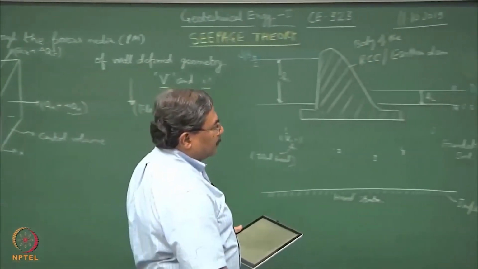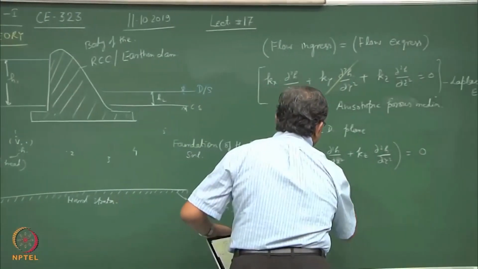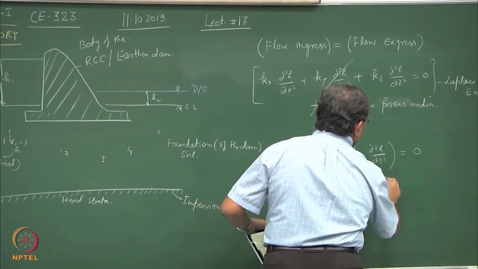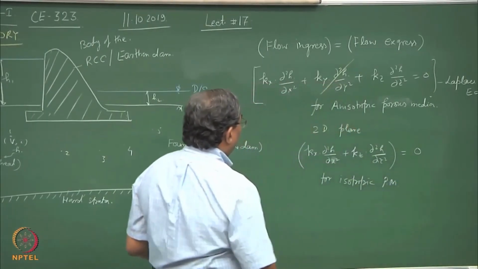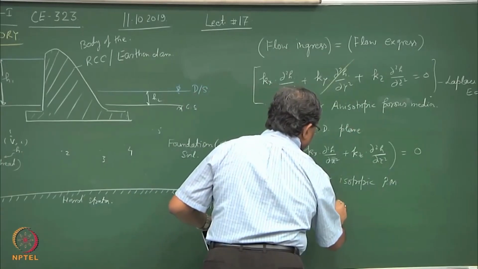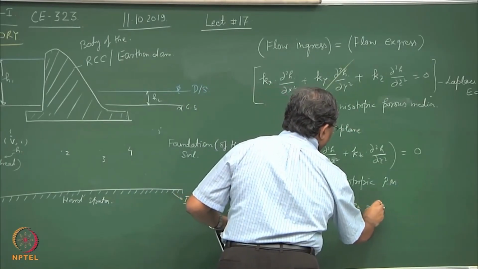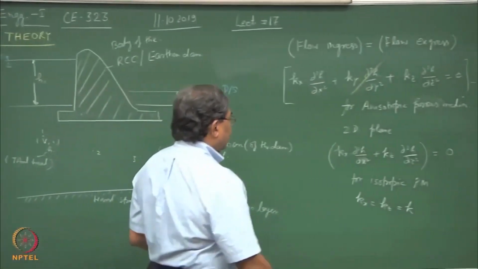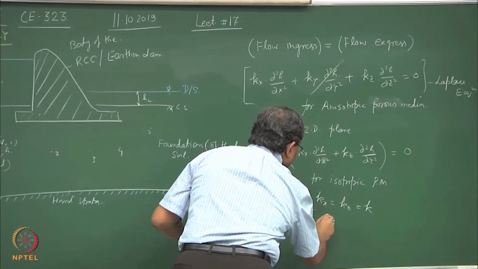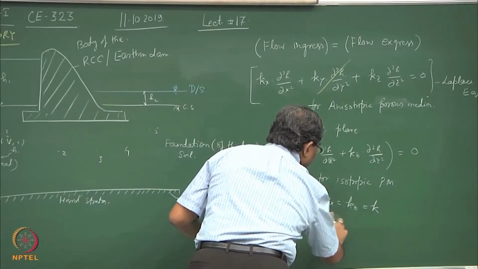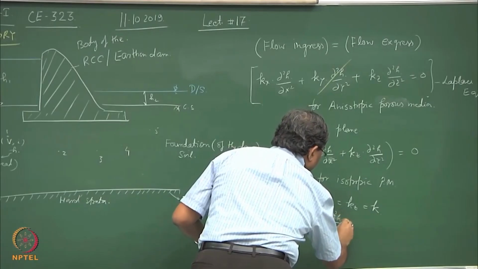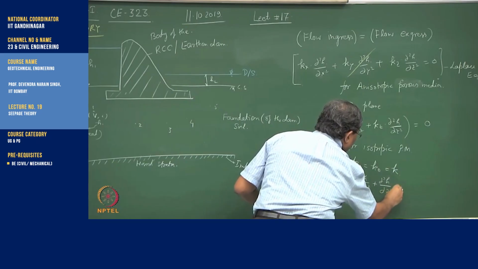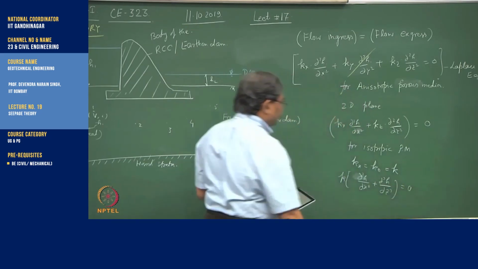To make this system isotropic porous media, I can assume that k x is equal to k z equal to k, and hence I will be getting k into del square h upon del x square plus del square h upon del z square equal to 0.